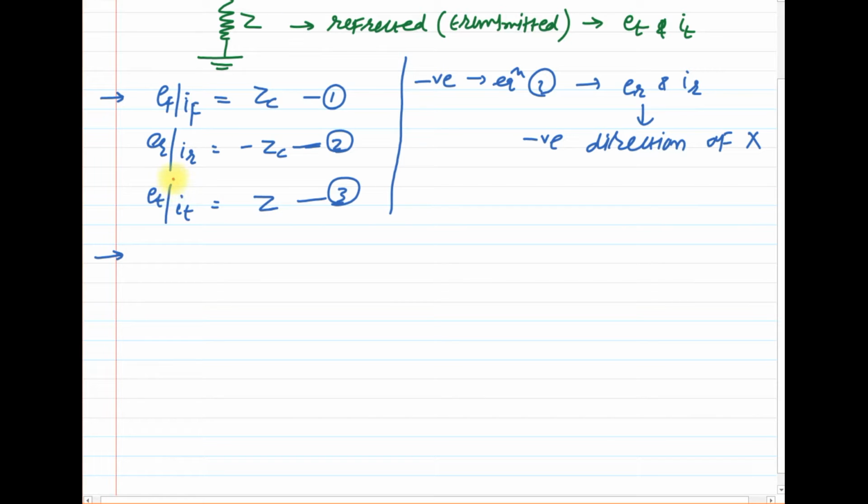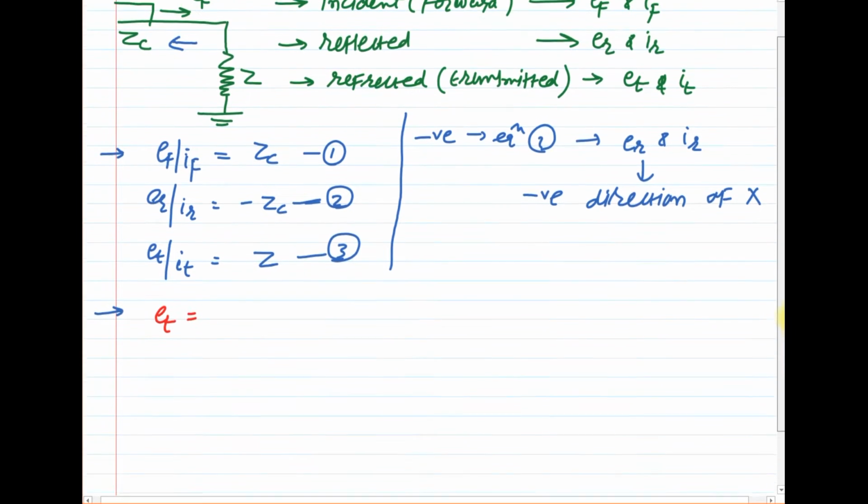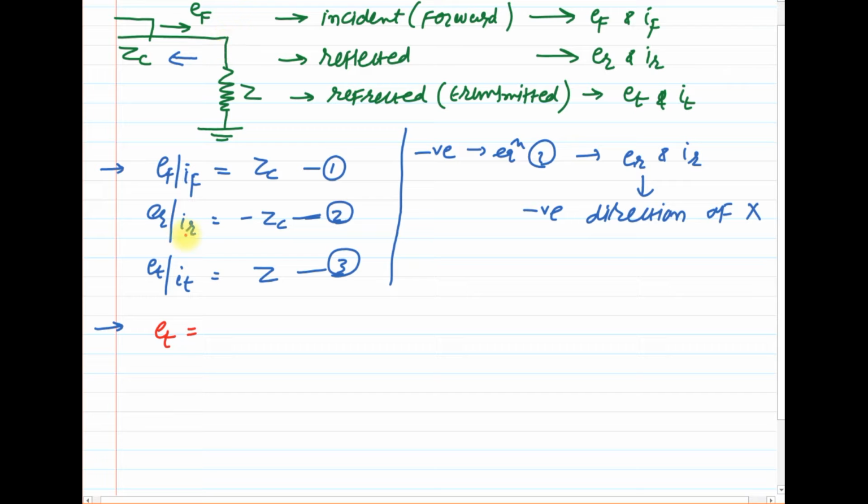Yes. At a junction, the value of voltage and current will be calculated as ET is equal to, at any junction, let us say over here at this junction, ET means the transmitted or refracted voltage, which is equal to the summation of the forward wave, or I can say incident voltage wave, plus the reflected voltage wave.